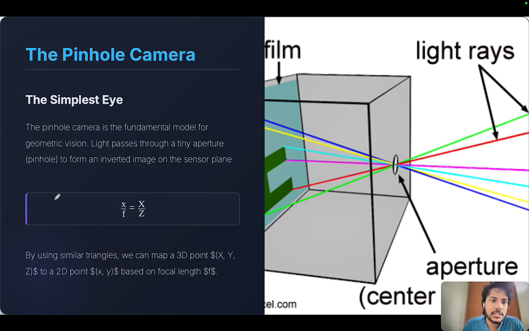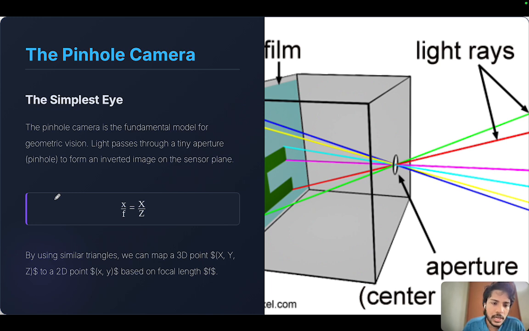In the pinhole camera, the light rays coming from the outside pass through the tiny aperture pinhole and form an inverted image on the sensor plane. This is why in film we can see that the image generated is upside down.